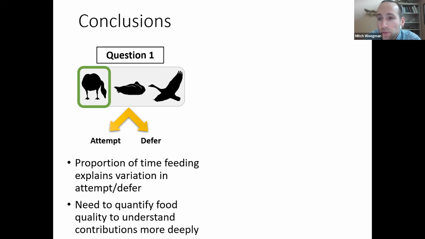So you might remember those were negative relationships. So less time feeding, higher probability of breeding. And so, of course, it seems reasonable that these birds, the fittest birds, the ones that are going to attempt reproduction, are selecting the most nutrient-rich food sources, which would require less time feeding. So that's the next step in this analysis.